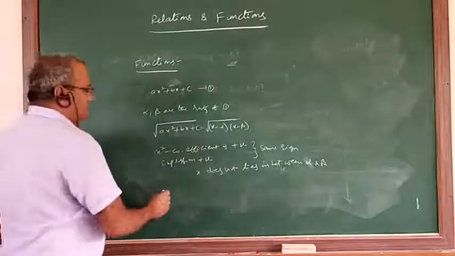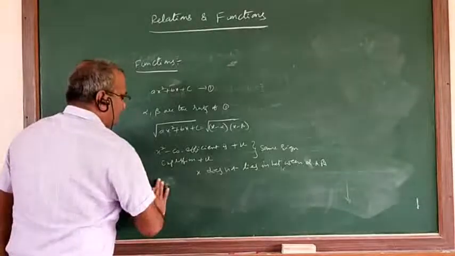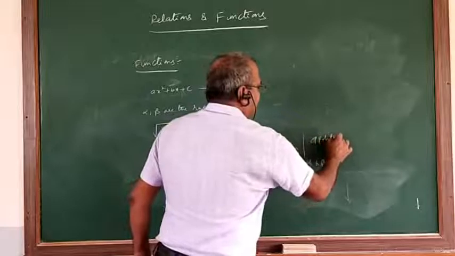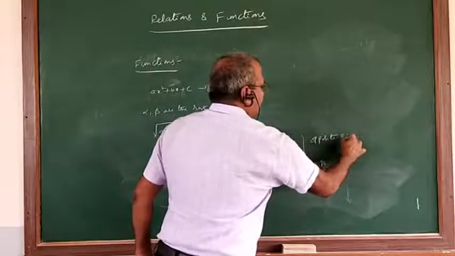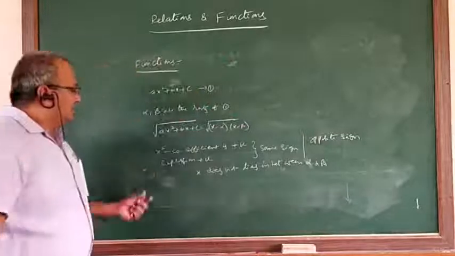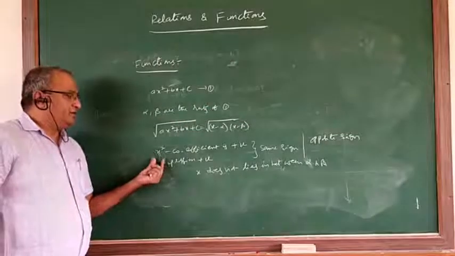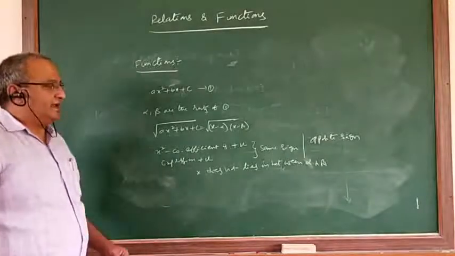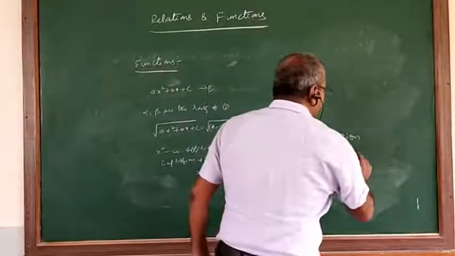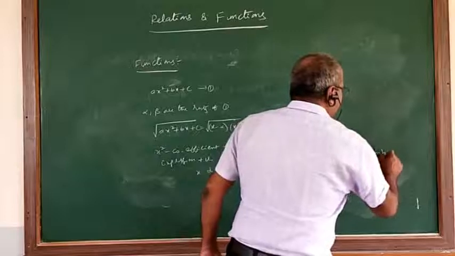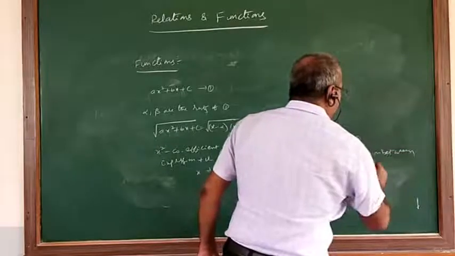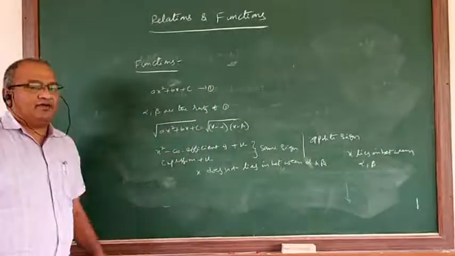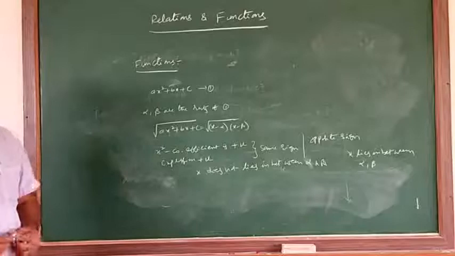If it is the opposite side, meaning the x square coefficient is negative and the expression is positive, or the coefficient is positive and the expression is negative, then x lies in between alpha and beta. This I will explain with one example.